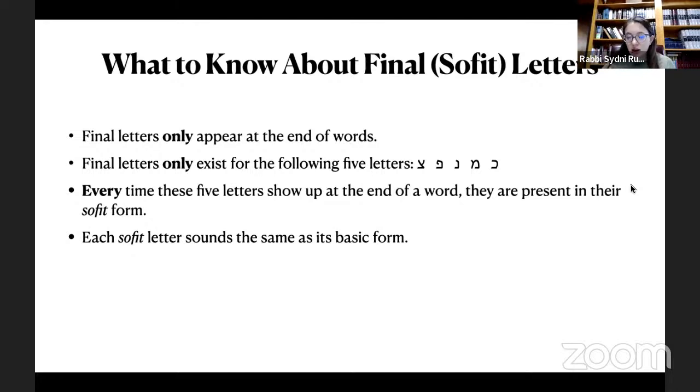You're never going to see them in the middle of a word. They only exist for these 5 letters: chaf, mem, nun, fe, and tzadi. Every time these 5 letters show up at the end of the word, they're present in sofit form. So you're never going to see a tzadi that looks like this at the end of a word. You're never going to see a mem that looks like this at the end of a word.